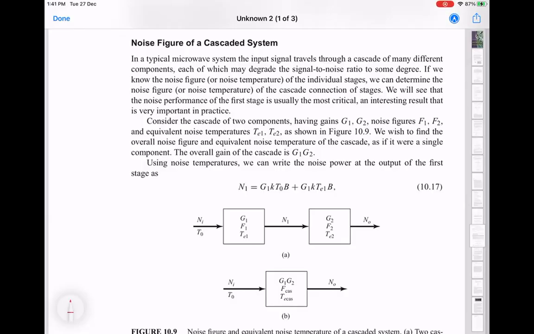The output here is going to be whatever the input is, plus, I'm going to forget the input part and only write down the noise part. So the output noise here is G1 K Tn1 into bandwidth B. That's the noise which is going to come from the first amplifier.